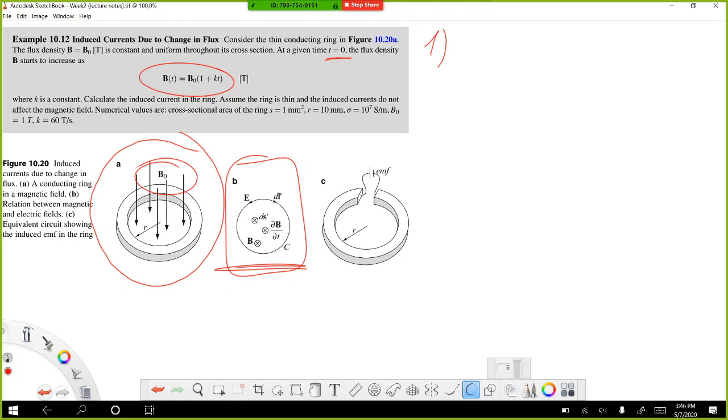Okay, we know the relationship between electric field and magnetic flux density by the equation of E d. Okay, I'm writing too large.